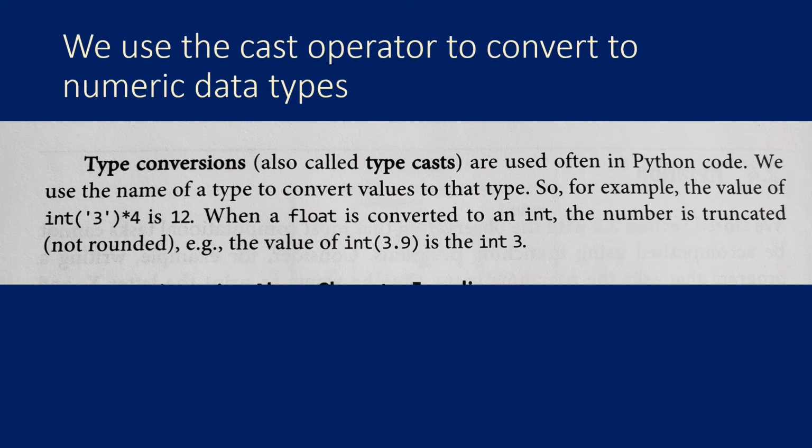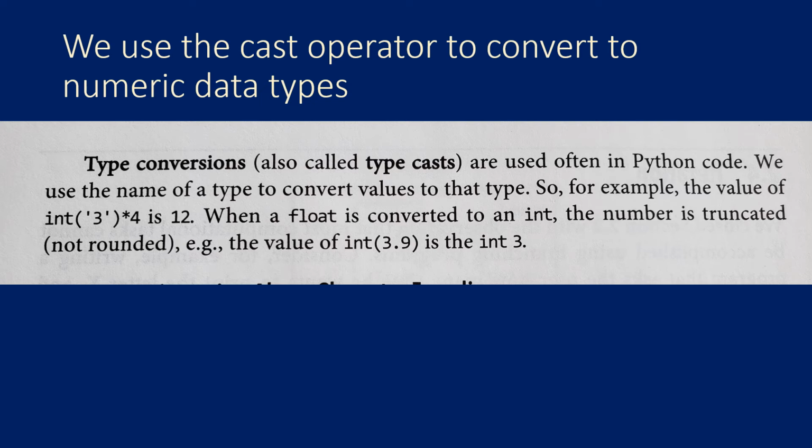So for example, the value of int('3') times 4 is going to be 12. Why is that? Because you have the word int in front of the string literal 3. You're converting the 3 to an integer, and you multiply that integer 3 by 4, and it will give you 12 rather than the character 3 four times.